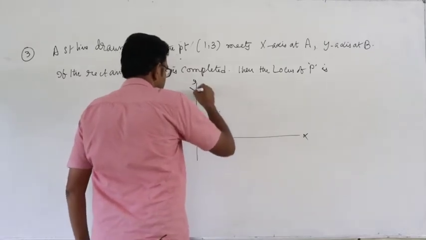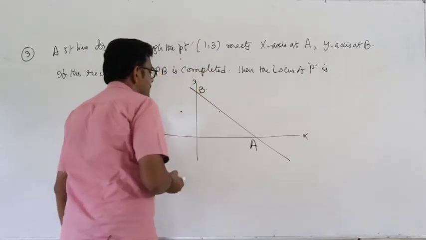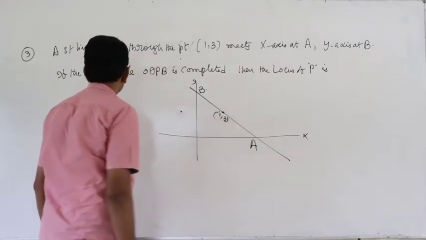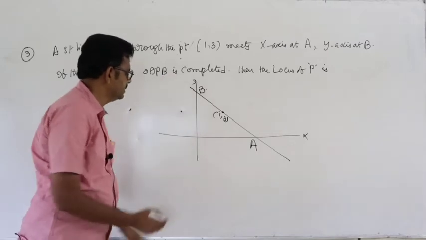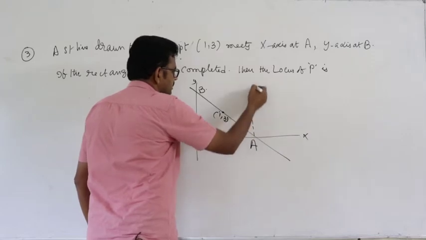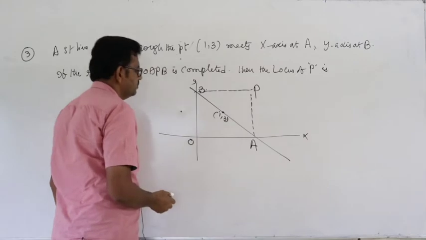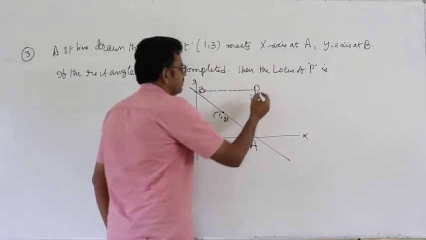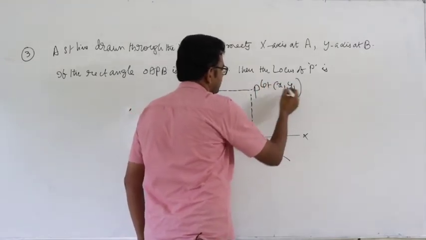Suppose this point is 1 comma 3, meets x-axis at A, y-axis at B. If the rectangle OAPB is completed, so this is O, A, this is P, this is B, then the locus of the point P is. Let this point be x1 comma y1.